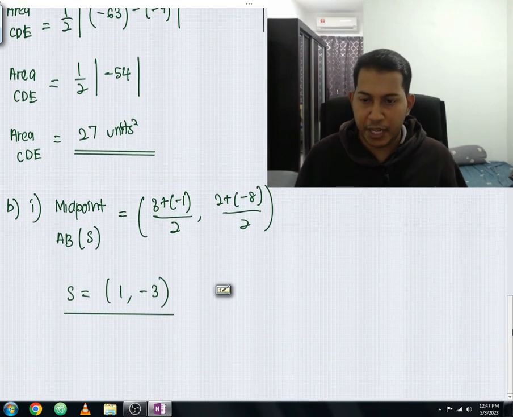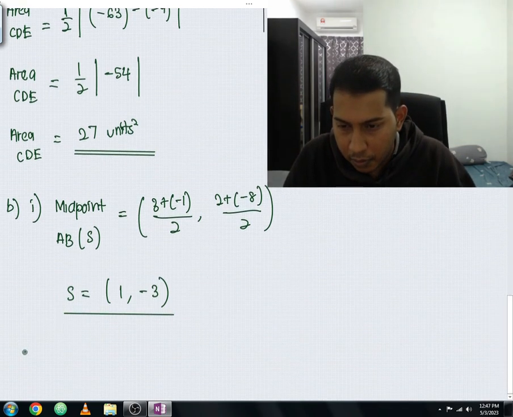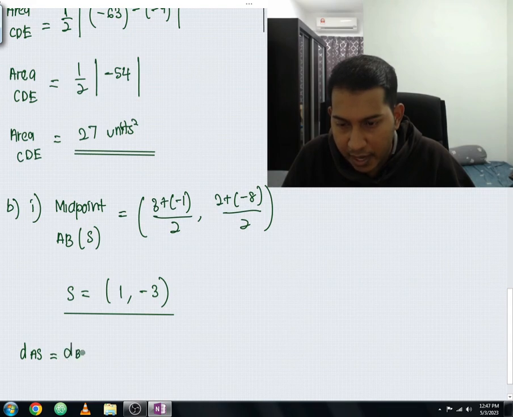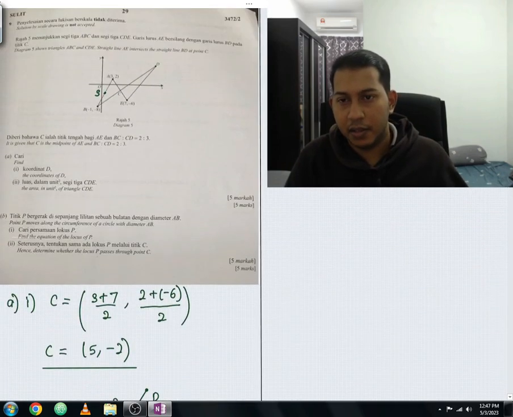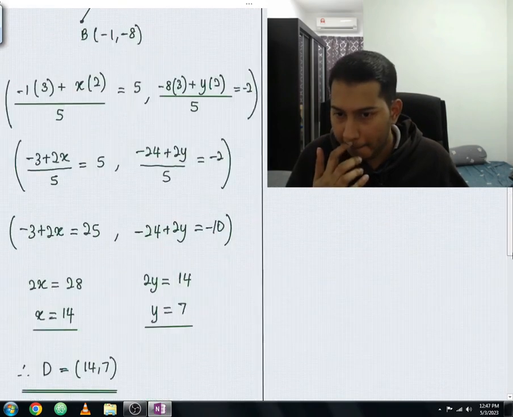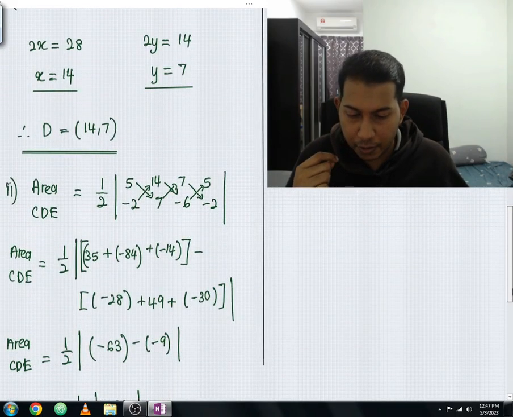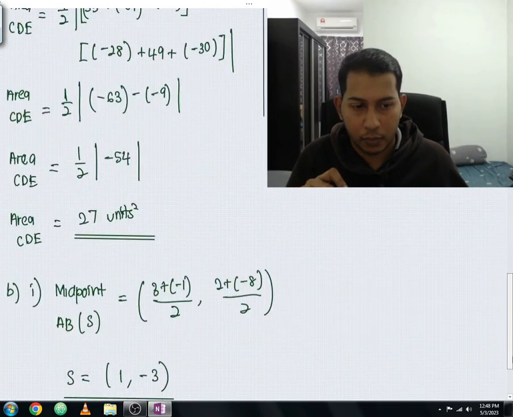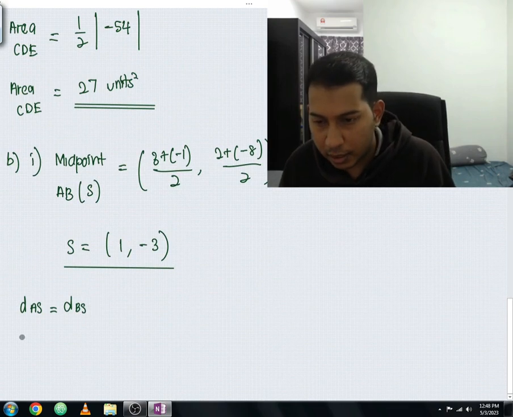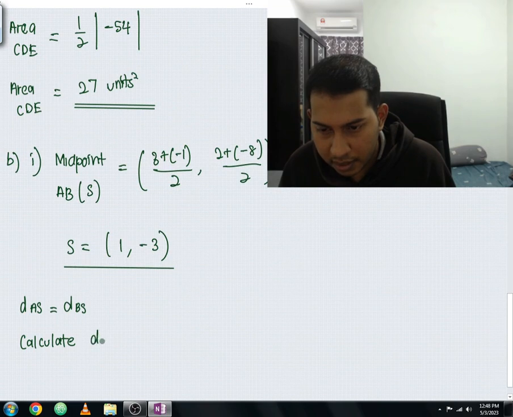For the next step, we need to find the distance of AS or AB. So technically they are the same. Distance of AS is equal to distance of BS, because it's a midpoint, right? They should have the same distance. So from here, what we're going to do is check from the distance A. So calculate distance AS.